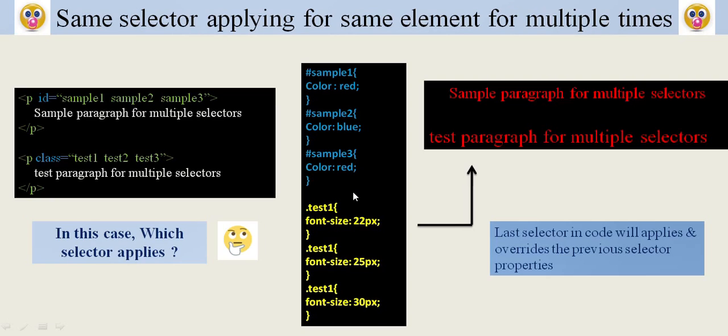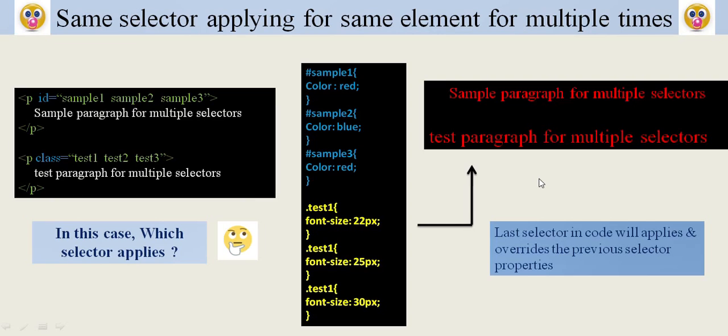Here you need to keep in mind that if we apply selectors for the same element multiple times, the last selector in the code will apply to that element and it overrides all the previous selector properties.